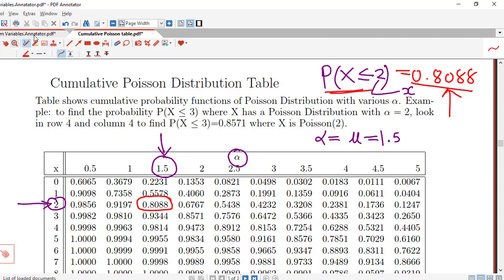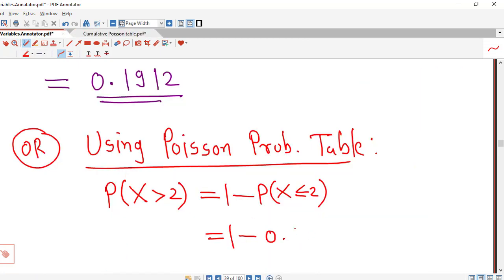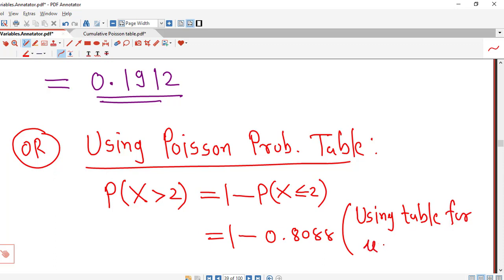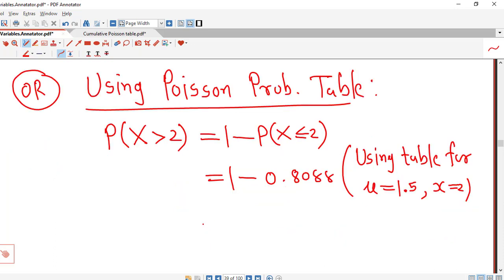So we can write here 0.8088, using the Poisson table for mean equal to 1.5 and x equal to 2, and we obtain the same answer, 0.1912. So this will minimize the number of calculations.